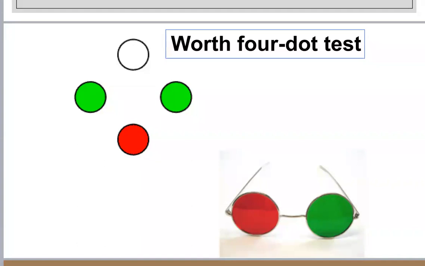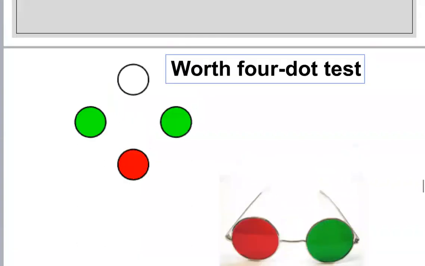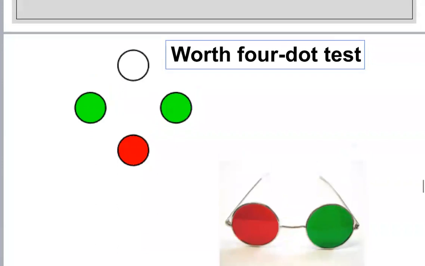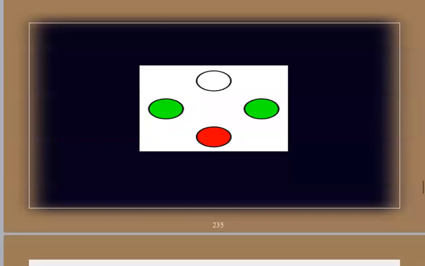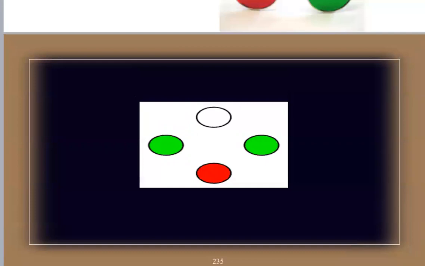You may have these glasses designed like that present in Kansky, designed in a way in which the red is in front of the left and the green filter is in front of the right. But let's assume that we have the red one in front of the right and the green in front of the left.